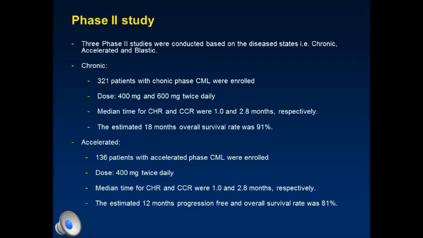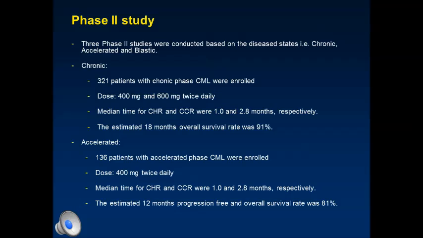Doses of 400 and 600 milligram twice daily were given to the patients, and the median times for complete hematological response and complete cytogenetic response were 1 month and 2.8 months respectively. The estimated 18-month overall survival rate was 91%.